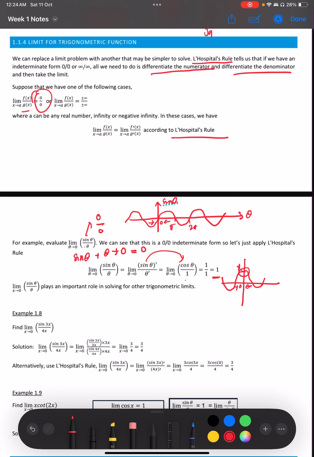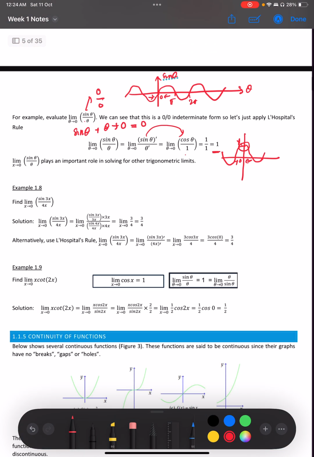All right, let's look at example 1.8. You have the L'Hopital rule as well, sine 3x over 4x. So x approaching 0, you will get sine 0 divided by 0, so 0 over 0. This part you will get 0, this part also you will get 0. So due to that, you can use L'Hopital rule where you differentiate the numerator part and denominator part.